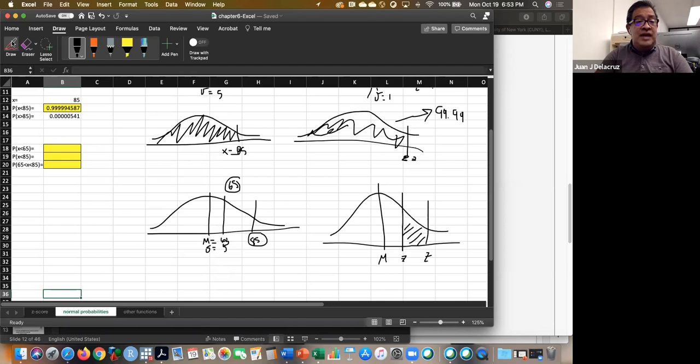So let's do that. I'm going to find the area under the curve to the left of 65, and the area to the left of 85. And then I am going to subtract the lowest from the largest, okay?